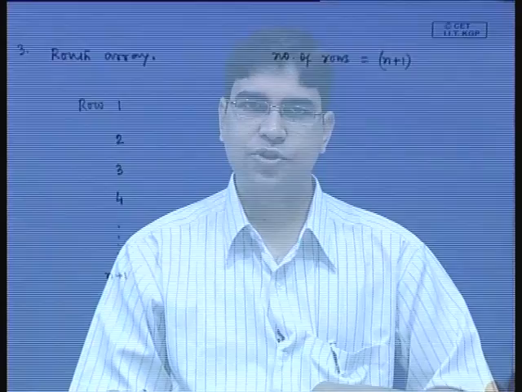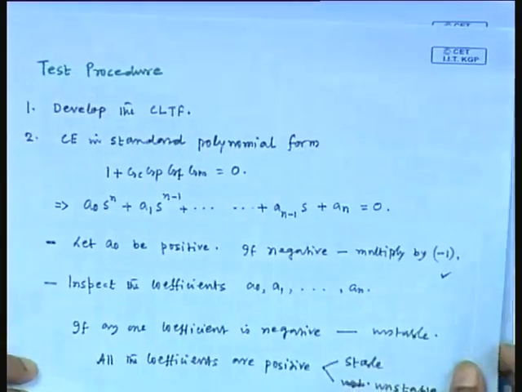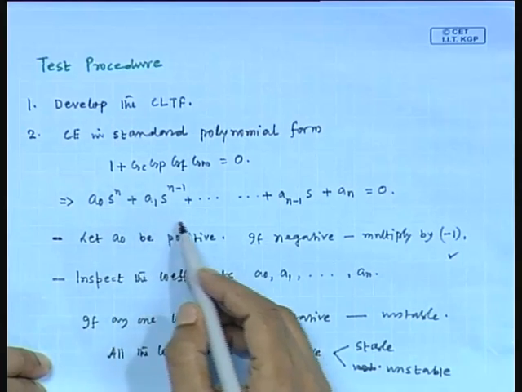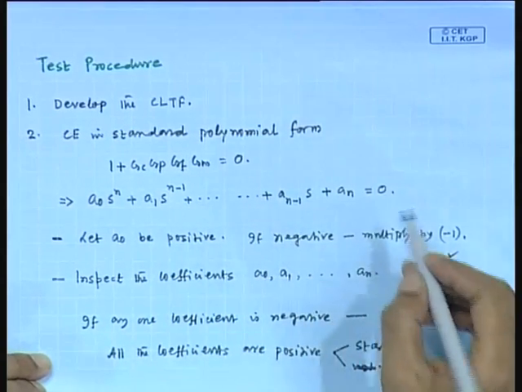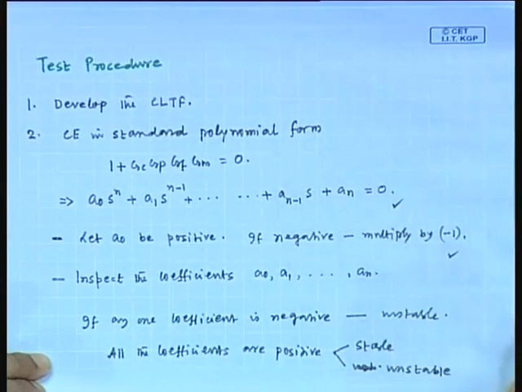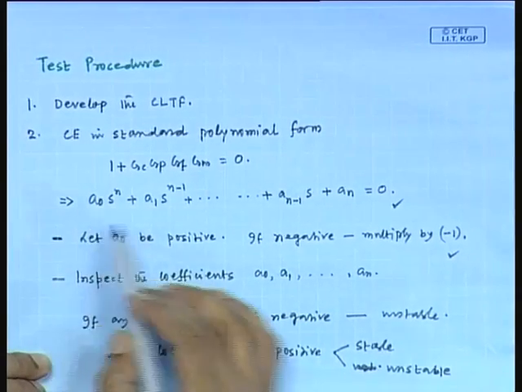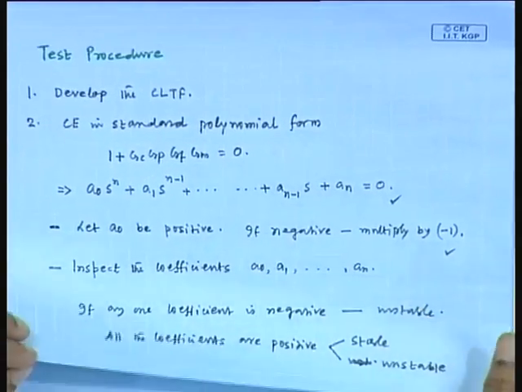Now, we will write in this array all the coefficients of the standard polynomial. You just revisit the characteristics equation. The characteristics equation we have written in this standard polynomial form, which includes the coefficients starting from a0 to an.